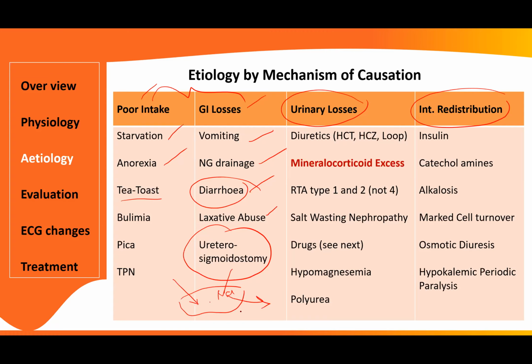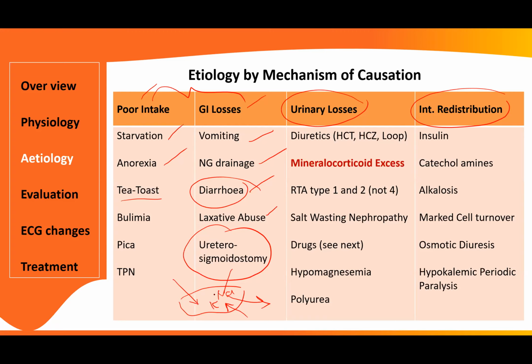The sodium is brought into the body, and in exchange, potassium is sent into that sigmoid loop and excreted. It is like diarrhea only. Here, there is no diarrhea, but sodium is pushed in and in exchange potassium is pushed out of the body. Ureterosigmoidostomy is one of the very important causes of loss of potassium. So: vomiting, nasogastric drainage, diarrhea, laxative abuse, ureterosigmoidostomy.